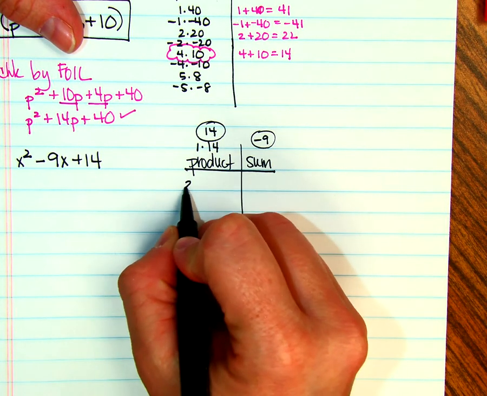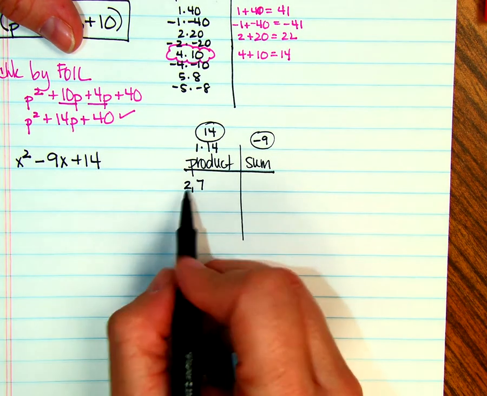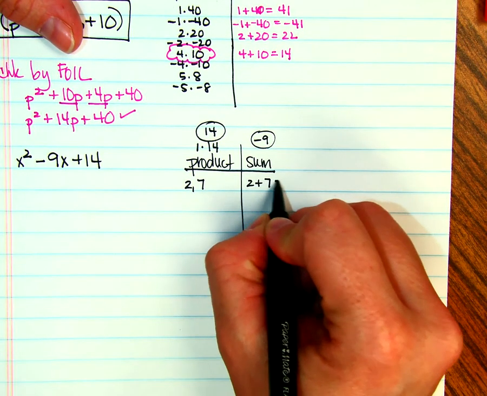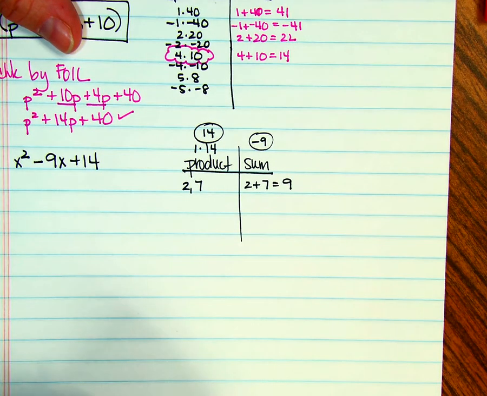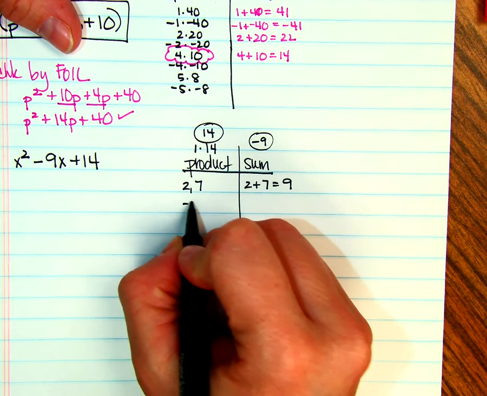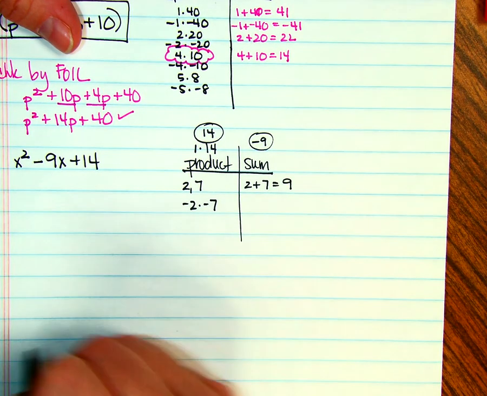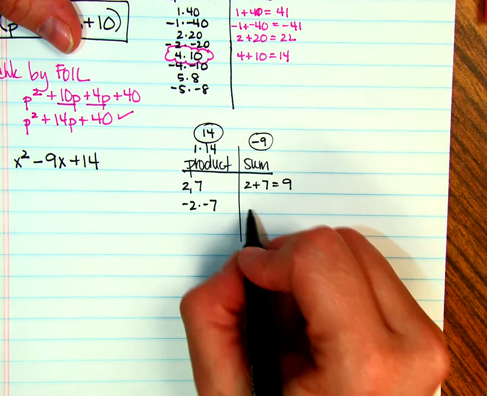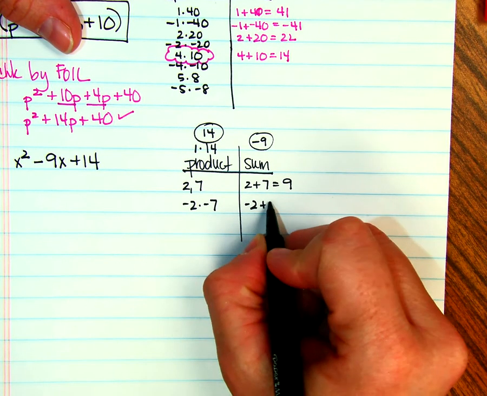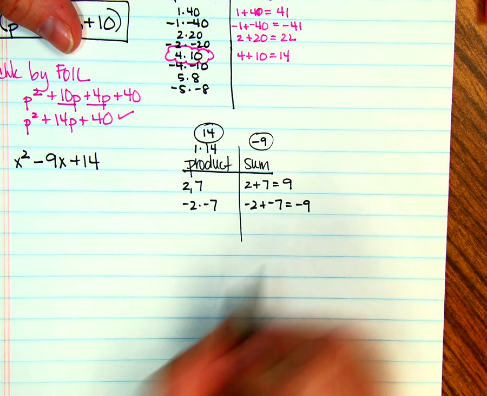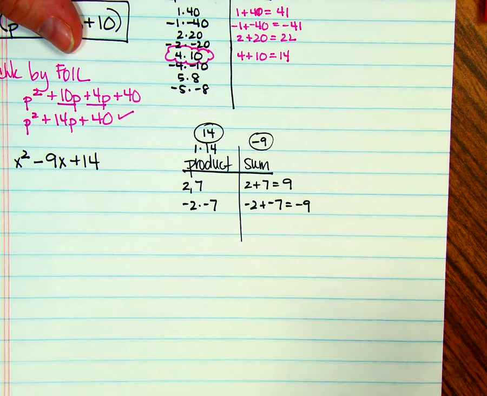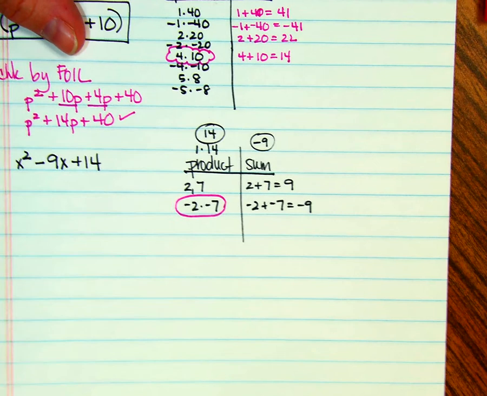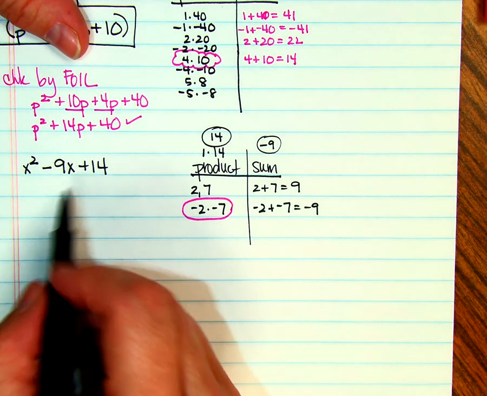Well, 2 and 7 right away I think of. 2 times 7 gives me 14, but 2 plus 7 gives me a positive 9. So I know that if I make them both negative, I still get the positive 14 when I multiply, and now when I add them, I do get a negative 9. So negative 2 and negative 7 are my two magic numbers. It's a trinomial.